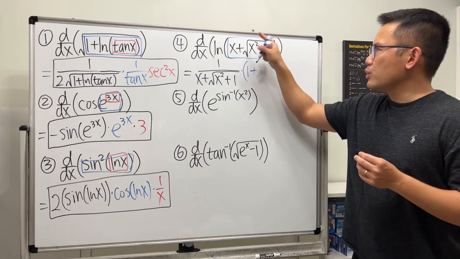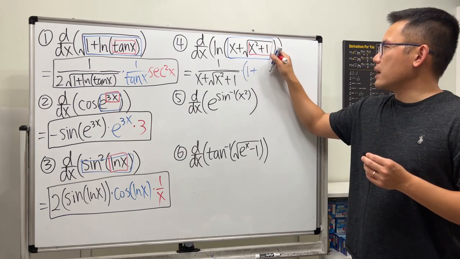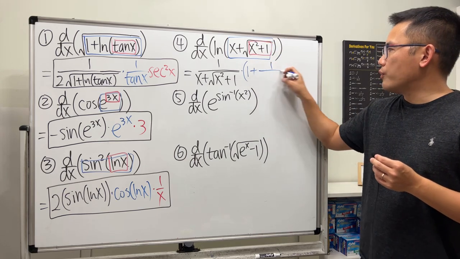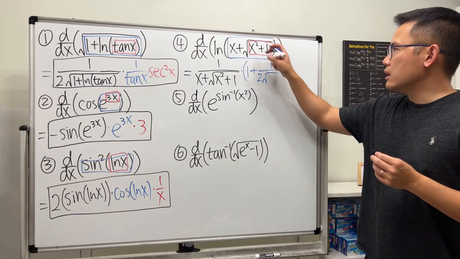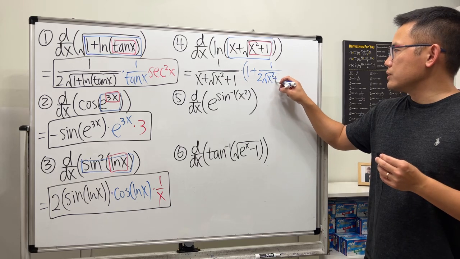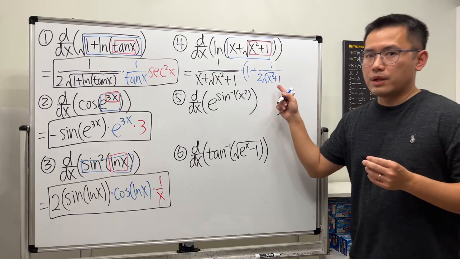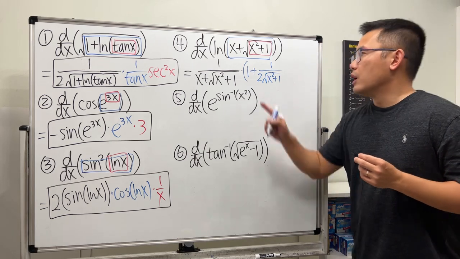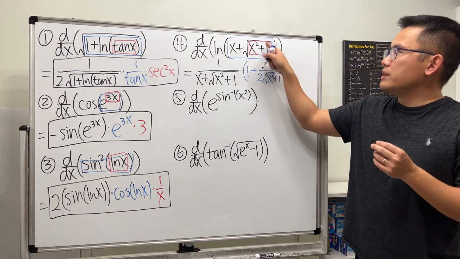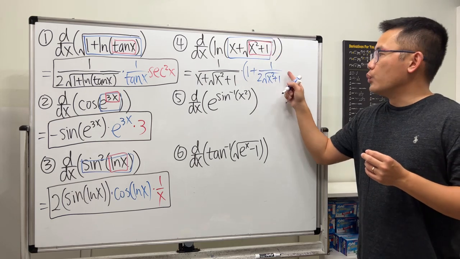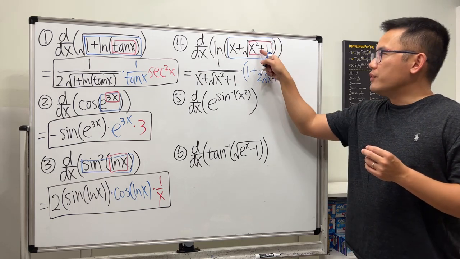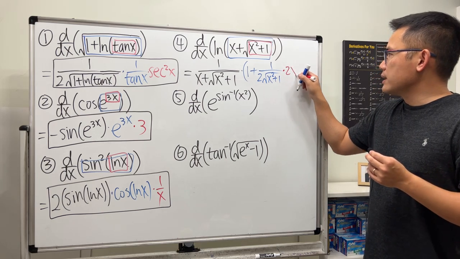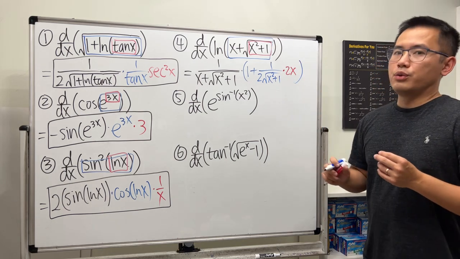The derivative of square root of this is like square root of a box. The derivative of square root is 1 over 2 square root of the box, which is x squared plus 1. Do not close the parentheses, because here we will have to multiply by the derivative of x squared plus 1 with this. The derivative of the red box is 2x. We multiply by 2x here. Then we close the parentheses.